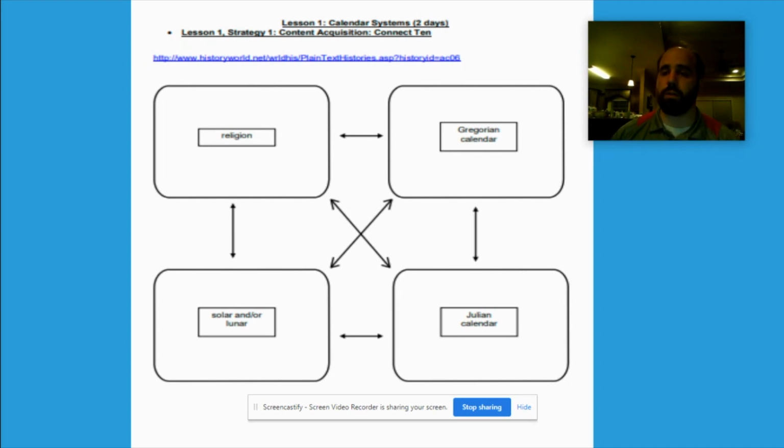Maybe I add 4 points, a 0 to 4 point scale there on quality, and now I'm grading you on a 14-point scale. 10 of that comes from the 10 connections, and then 4 comes from the quality of the connection. You could add that there, but there is a built-in rubric here for grading, and I think that's very handy in the Connect 10.